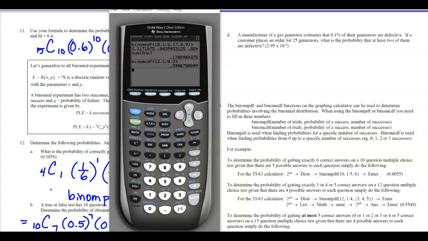What's the complement of at least 2 being defective? 0 and 1, right? So you could do 1 minus the probability of 0 defective minus the probability of 1. Or a little bit faster, 1 minus, and again, we'll use our calculator.